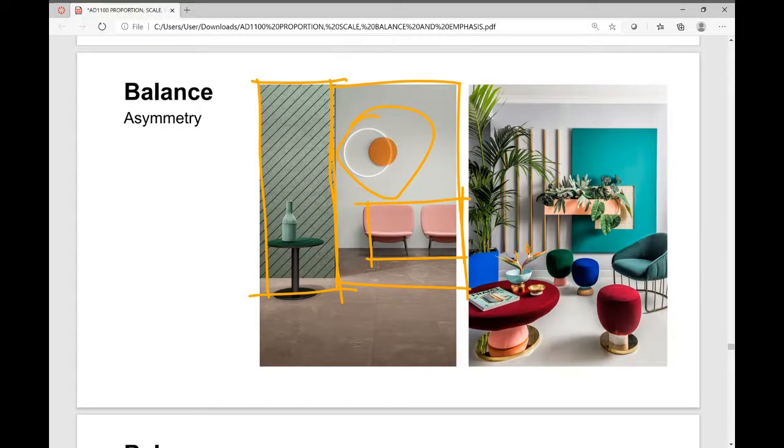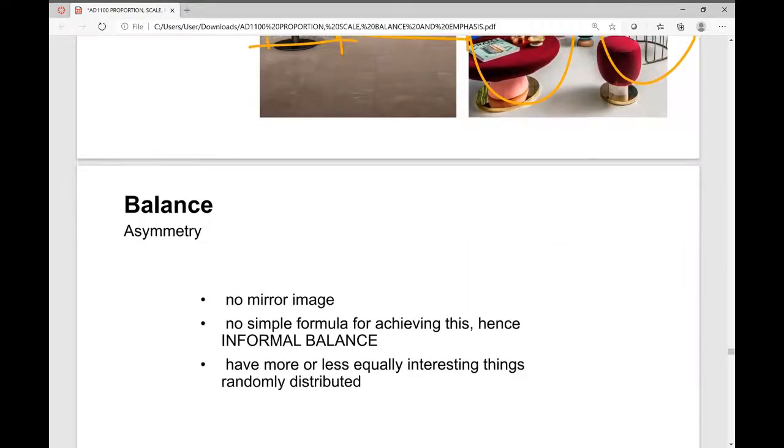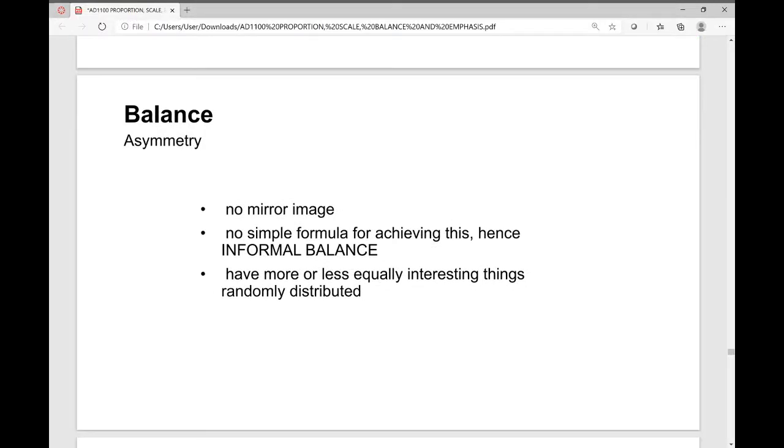So same with this one. You have a large grouping here, but you have this pop of wall here and this object here. So it actually draws you in because it has a variety of composition. So in asymmetry, there is no mirror image and there is no simple formula for achieving it. Hence it is an informal balance.